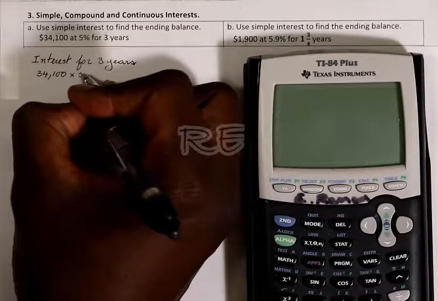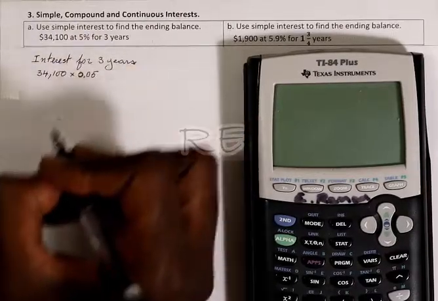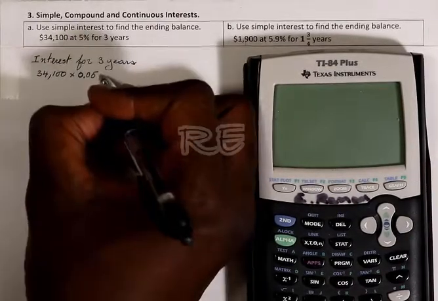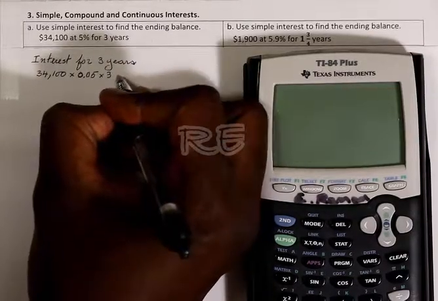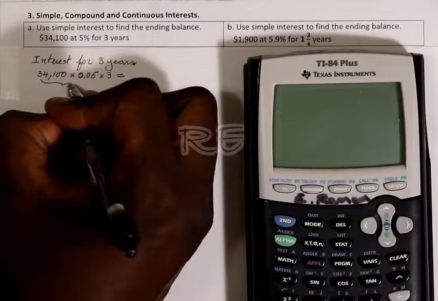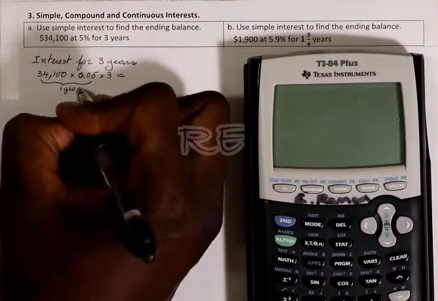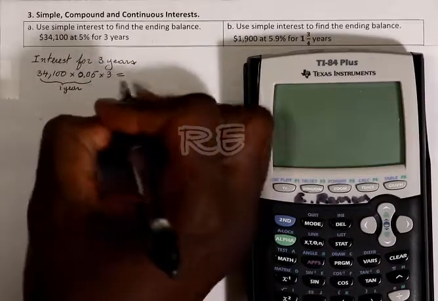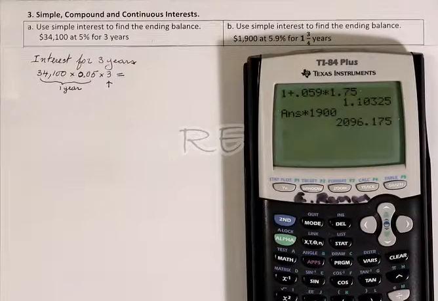So the interest rate in decimal should be 0.05, and this is the interest for 1 year, multiplied by 3. This is the interest paid for 1 year, multiplied by the number of years, which is 3.